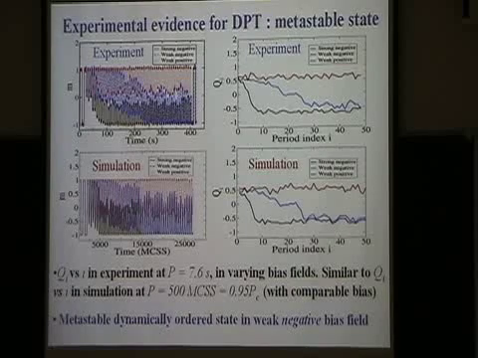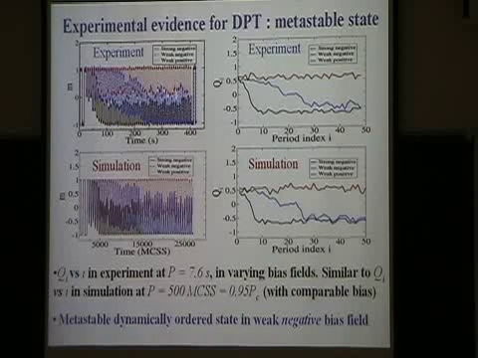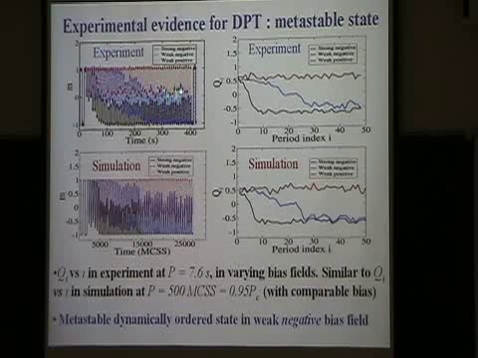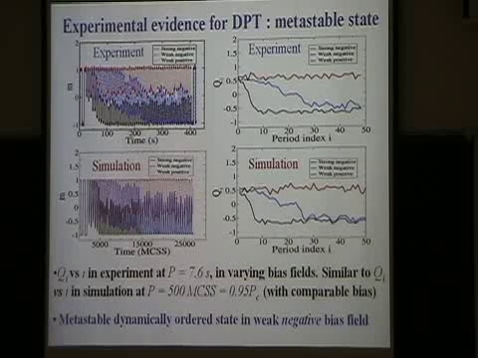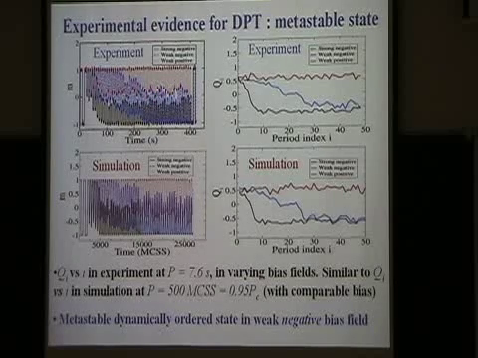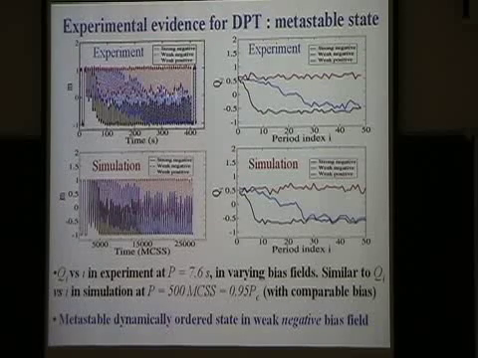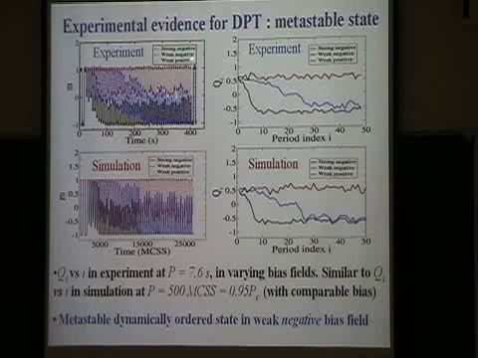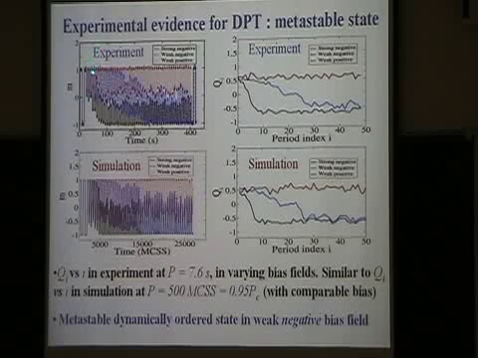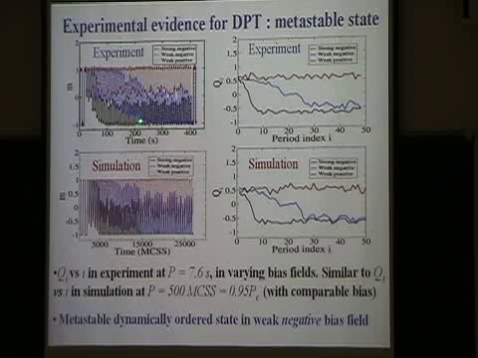In a weak negative field, the blue dotted line, it should decay very slowly to the other state, or just swim around if the field is weak enough to be near 0. If I put in a stronger negative field, then it should come quite quickly over to negative magnetization. So this is the experiment.